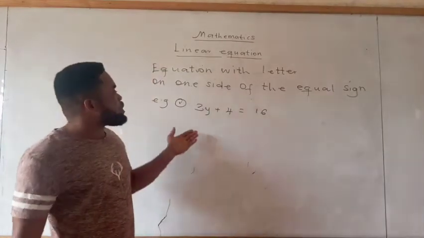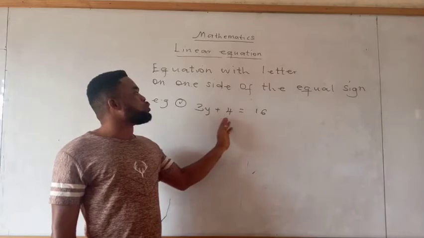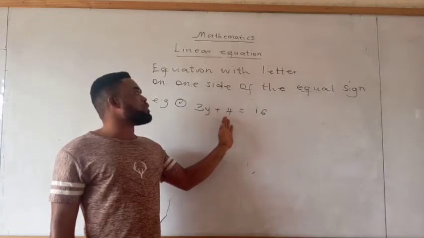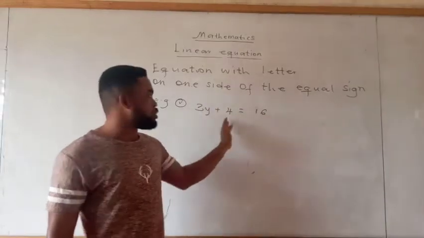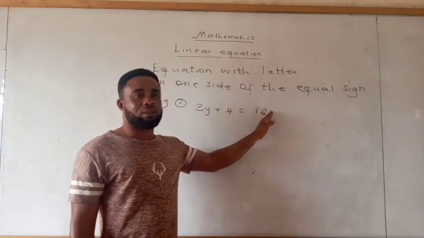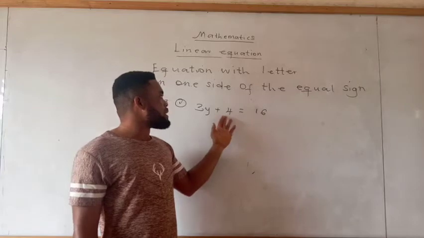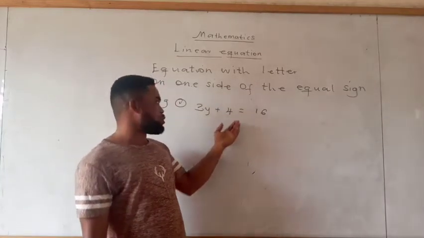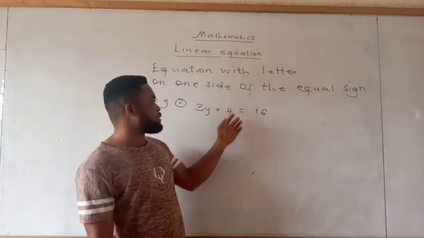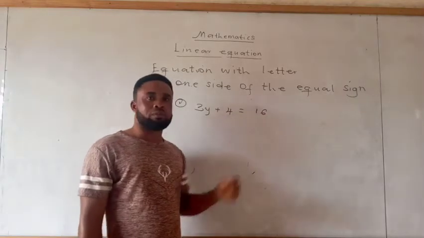So here you could see that we want to group there. So we want to send the 4 here to the other side. Since 4 is adding, what do we do? The inverse operation here is to subtract. So we subtract 4 here, we subtract 4 there.